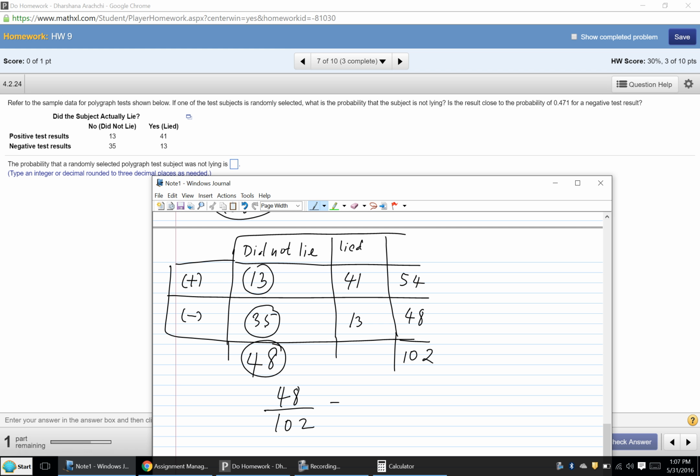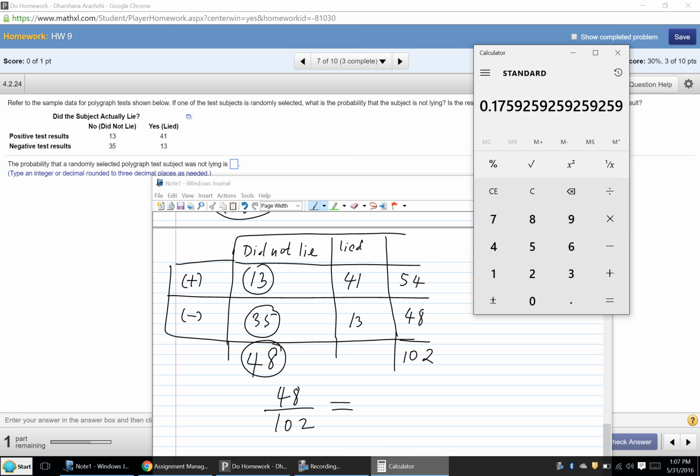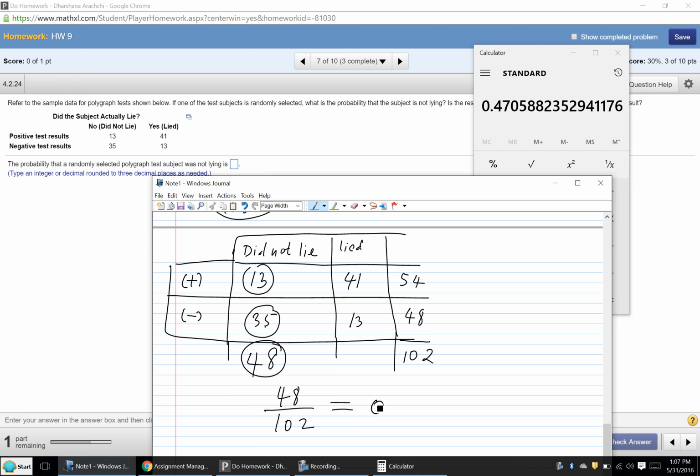We have to round off. It says type an integer or decimal, rounded to 3 decimal places. So 48 divided by 102 is 0.471.